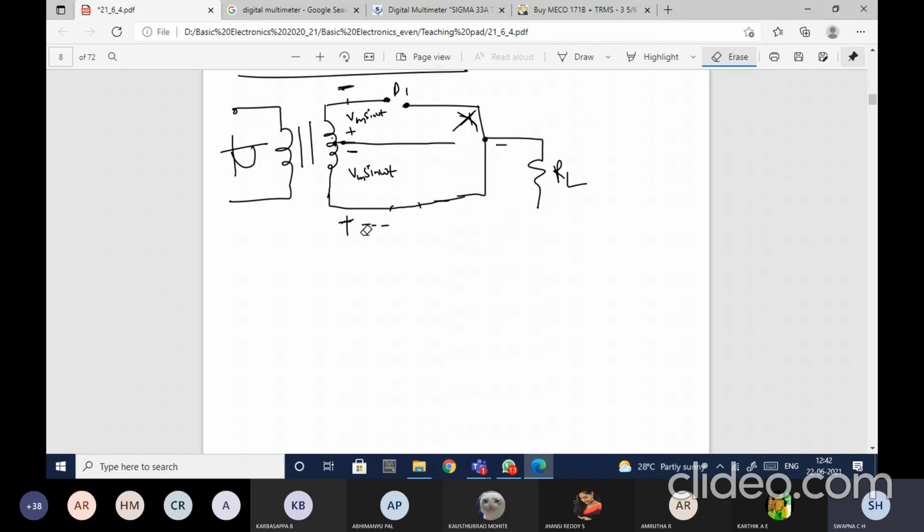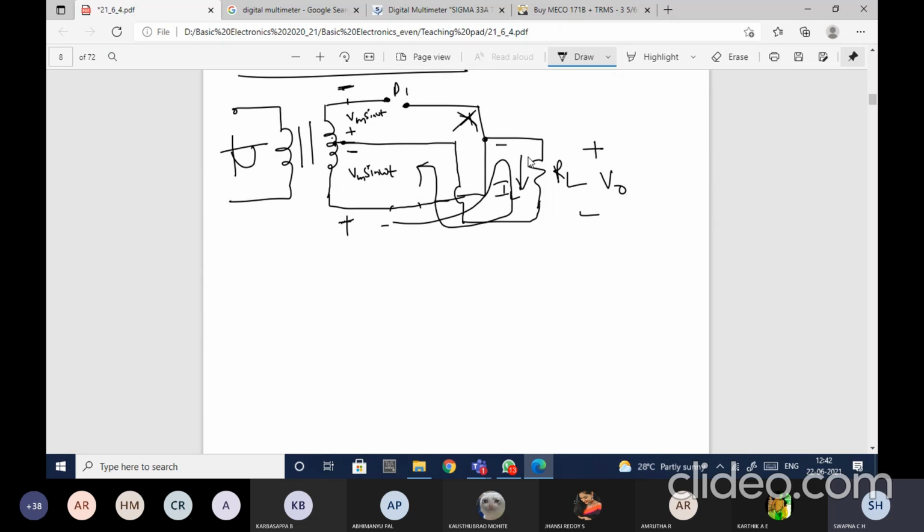Let me draw it properly so that you'll understand how I've taken the equation. So current started flowing in this direction like this. This is positive and this is negative and this is V0. Let me move in the same direction and take the equation.